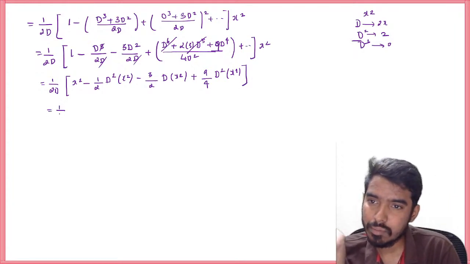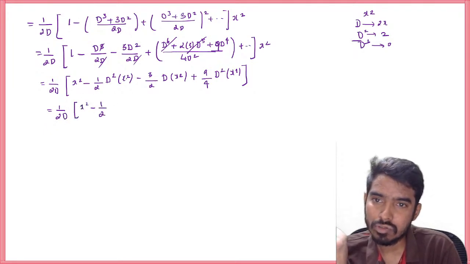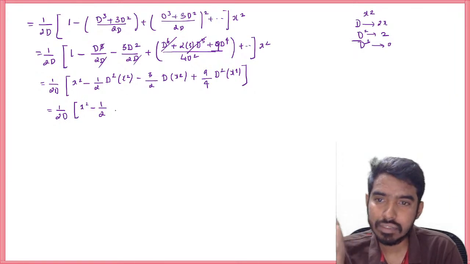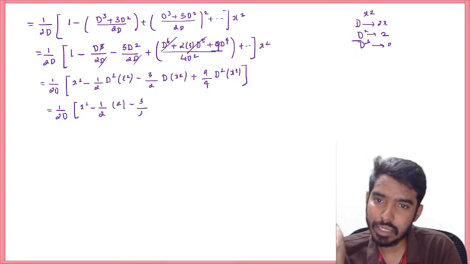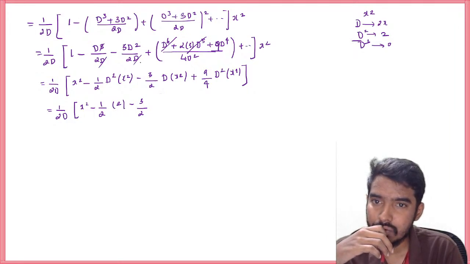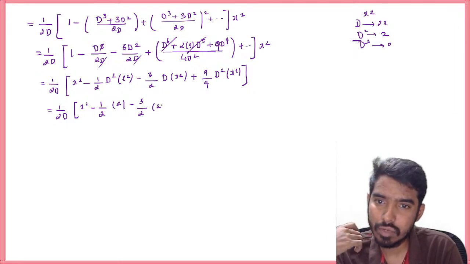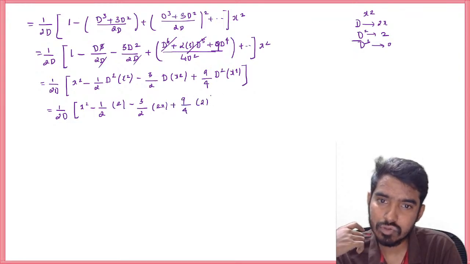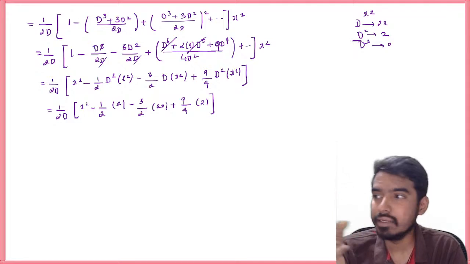So this will be 1 by 2D x square minus 1 by 2. So D square of x square, 2 times, it is 2, minus 3 by 2, again 2 times of x square. Sorry, D of x square is 2x, plus 9 by 4 D square of x square is 2, right? First derivative is 2x, second derivative is 2.